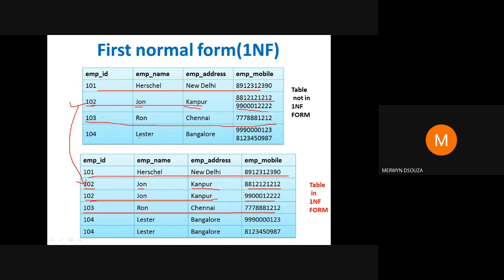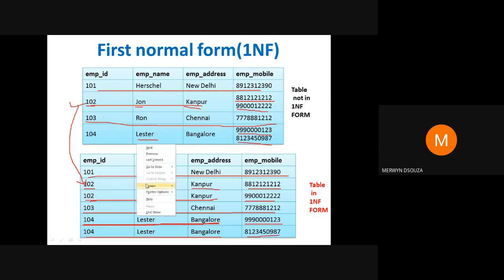Lester had two mobiles, so we make two different rows. In the first row, we copy the employee ID, name, and address, and the first mobile number. For the second row, again we copy the ID, name, and address of Lester, and the second mobile number.